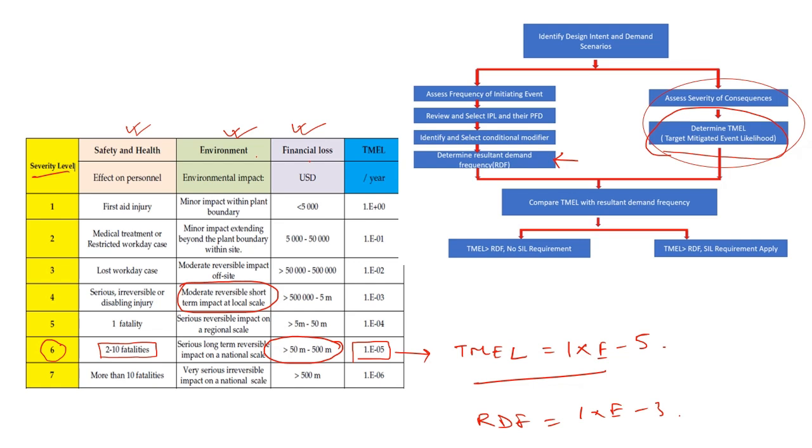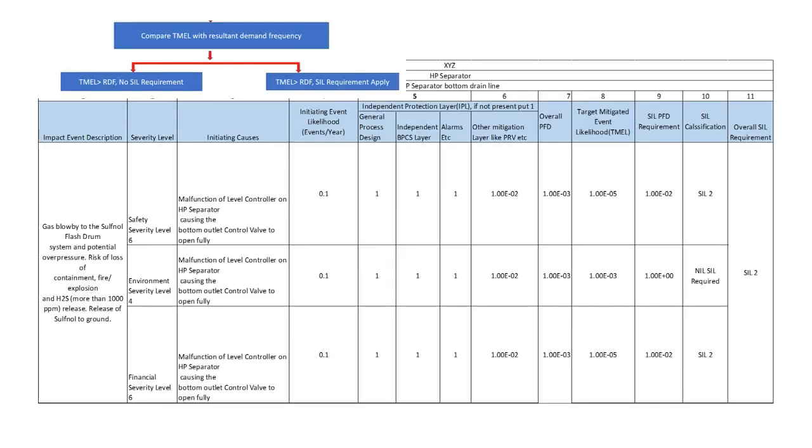Okay, now we need to compare the result between these two, right? This is our TMEL, and this is our overall PFD. Now as you can see, the TMEL is less, so we need to have a SIL, and the SIL requirement will be obviously the TMEL divided by RDF.